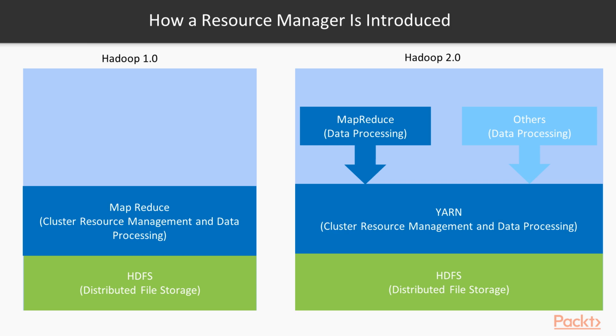There is one term called YARN, which is known as Yet Another Resource Negotiator. This Yet Another Resource Negotiator is sandwiched between MapReduce and HDFS, and this layer in between is responsible for cluster resource management and data processing. So this is our resource manager, guys, who is handling the whole issue completely, and all the issues are completely gone.